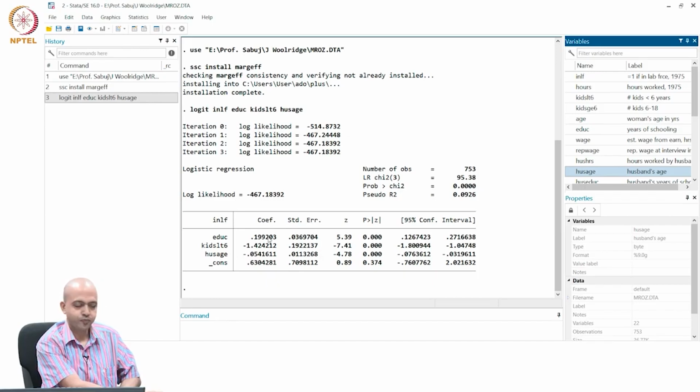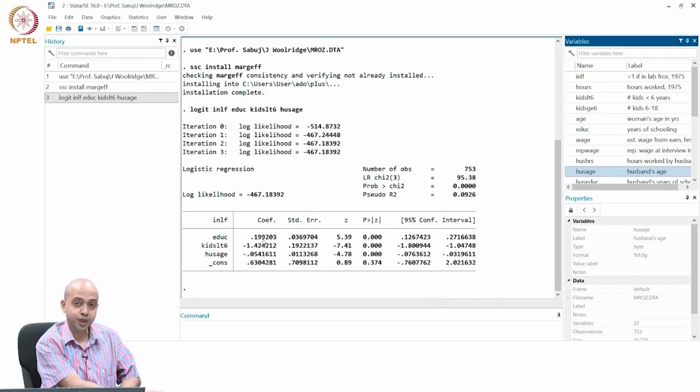From this output, we can say whether there is a positive or negative relationship between a particular variable, let us say education, and labor force participation. The education coefficient is 0.19, and it is highly significant, which indicates that as education increases, the probability of labor force participation also increases.